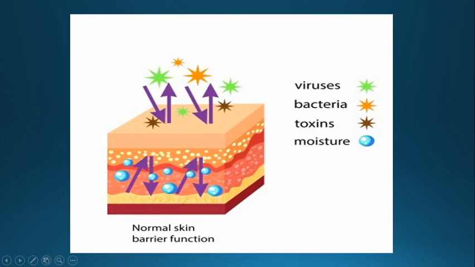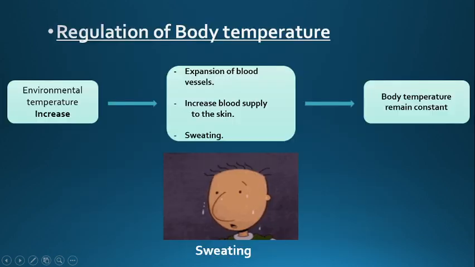Let's move to another function. It is regulation of body temperature. Regulation means maintaining a constant level. Okay. When the environmental temperature increases, it starts sweating. How does it happen?